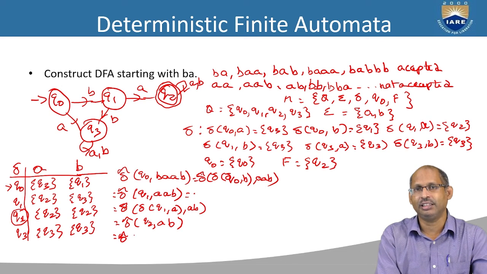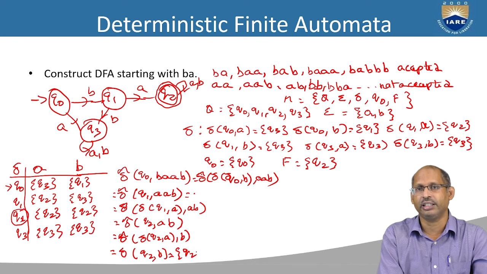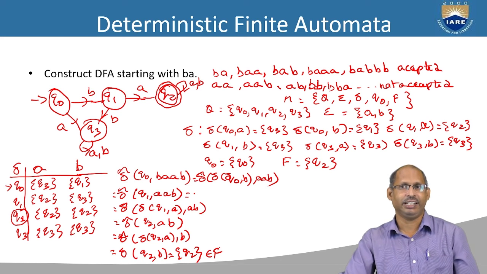Then transition function Q2 on A followed by B. Q2 on A is Q2 only. Q2 on B results in the Q2 state, which belongs to the set of final states.